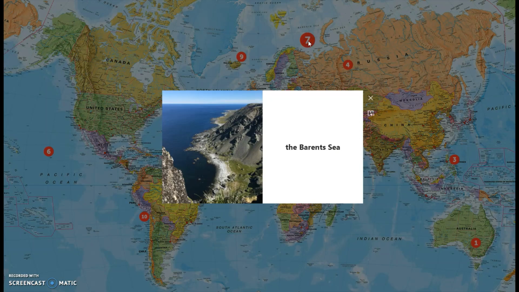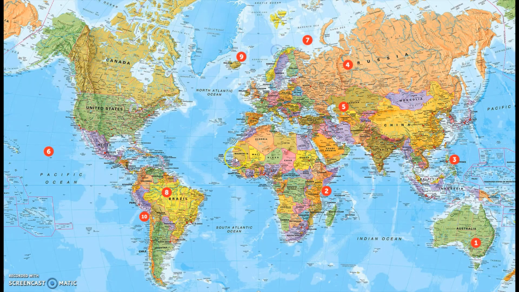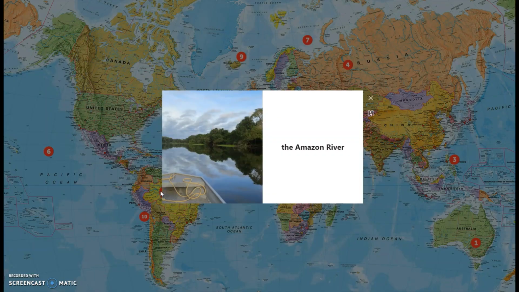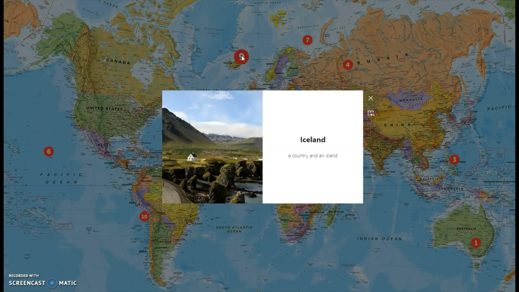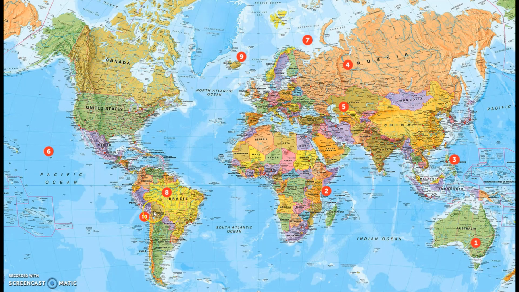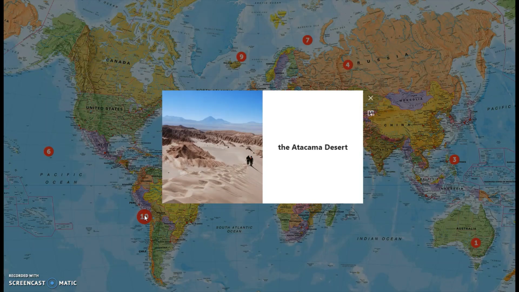Seas like the Barents Sea. Rivers and the example of the Amazon River. Islands like Iceland, which is both a country and an island, and deserts.